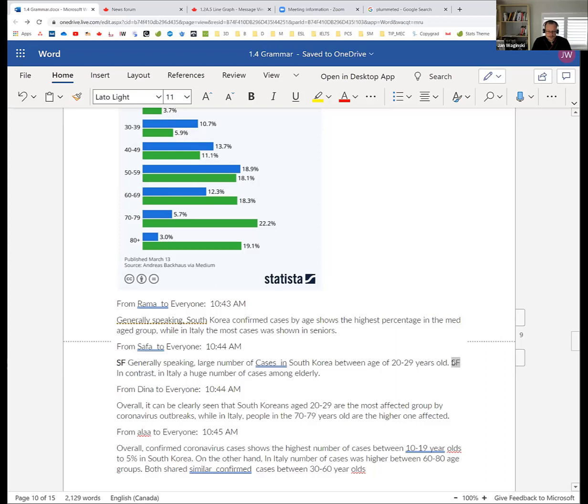Okay, Safa, you've got 2 fragments. By the coronavirus outbreak.